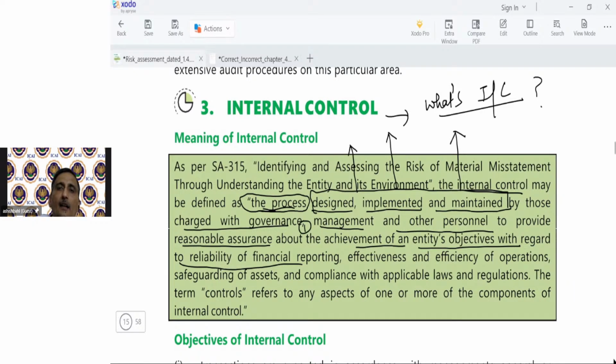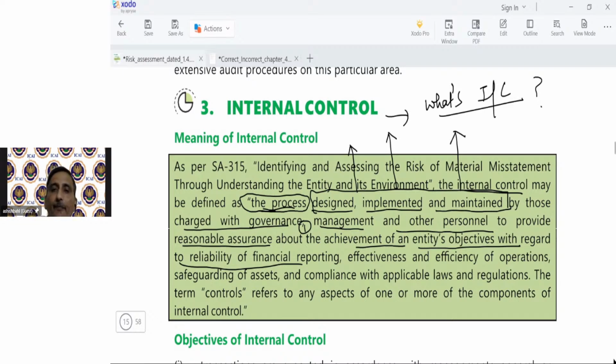What does it mean? It means that the financial statements of entities are reliable, that controls are made in such a way that the information they capture for the preparation of financial statements, and which is ultimately reflected in financial statements, is reliable.